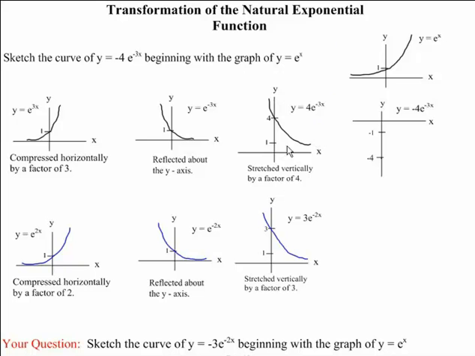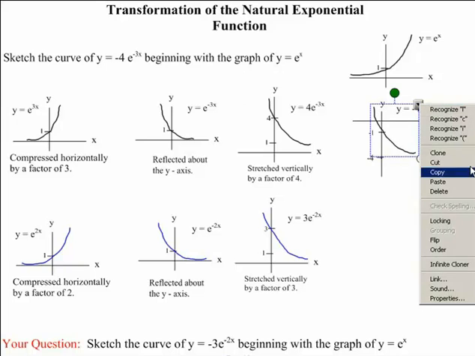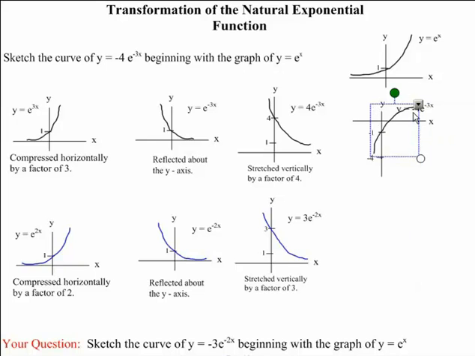So again, I'm going to redraw this graph on here. Okay, and then I'm just going to flip this from up to down. Again, our new y-intercept is 0, negative 4 at that point.